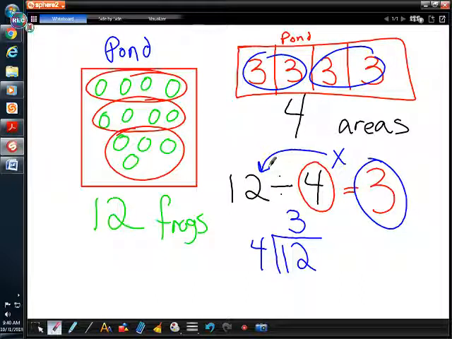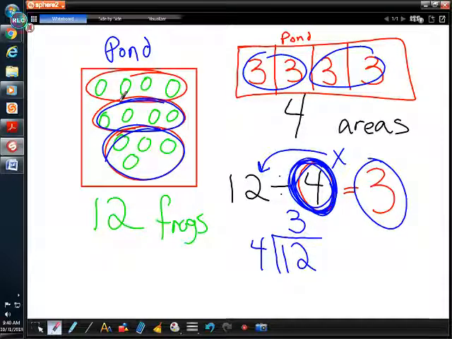Okay, so division, just remember you're putting stuff into groups. Whatever it is that you're dividing by. Okay, so for this one, I was dividing by 4. That's what you want to go find, is groups of 4. If I was dividing by 6, I would have gone and circled 6. If I was dividing by 7, I would have gone and circled groups with 7 things in it. And then however many groups you end up with, that is going to be your answer to your division problem.